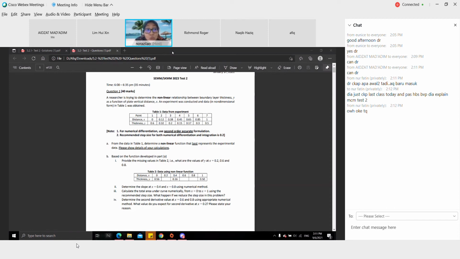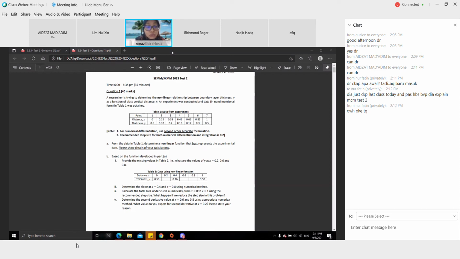Provide the missing value in table 2. What are the values of y at x equal to 0.2, 0.6, and 0.8? It means that you have the best fit line, so you just substitute, right? Because your best fit line from earlier is the equation y equal to something x.